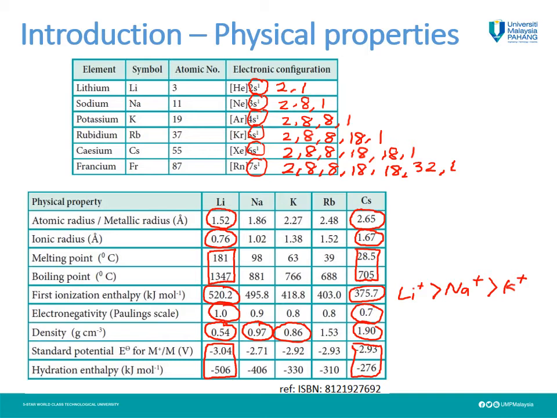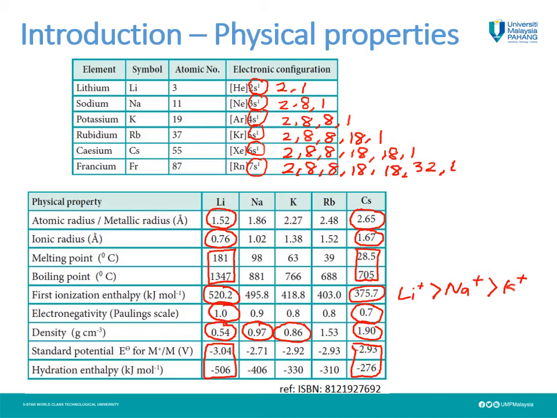On the melting point and boiling point, the trend is that the melting point decreases from lithium to cesium. Similarly, the boiling point also has a decreasing trend. This is because as the orbitals increase, the shielding effect is more dominant.